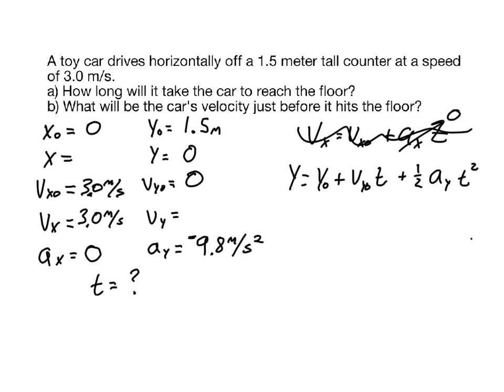Now, here I know everything except for time, and so I can solve for time here. Y is 0. Y naught is 1.5 meters. Initial velocity, the Vy naught is 0, so 0 times t is just going to be 0. Plus 1/2, acceleration in the y is negative 9.8 meters per second squared times t squared.